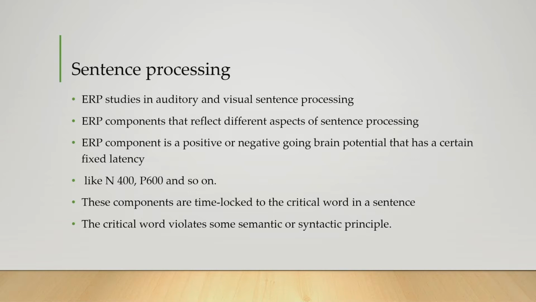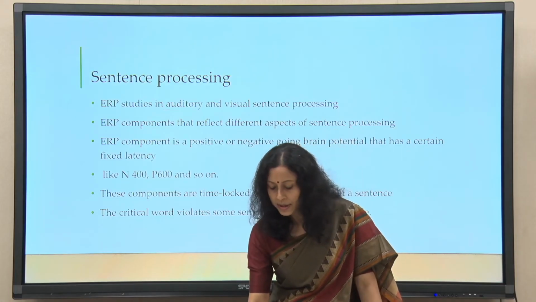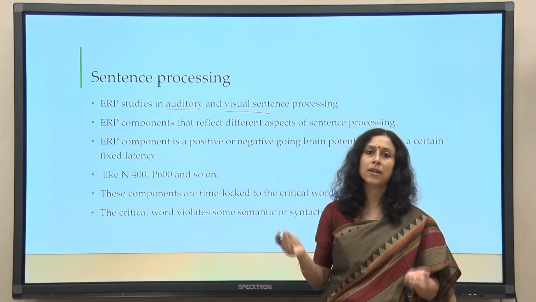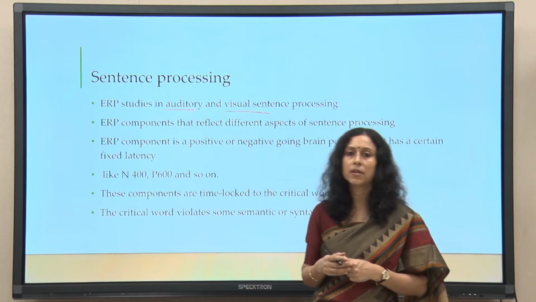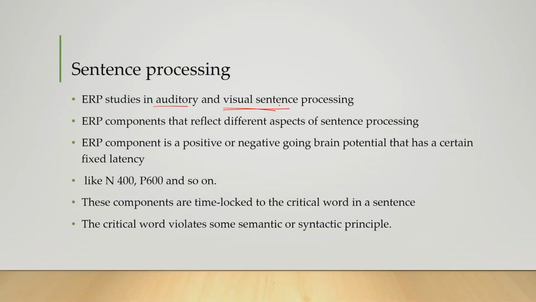So, in terms of sentence processing, ERP studies in auditory and visual sentence processing have been a very rich source of information about the knowledge in this domain. So, both in auditory and in visual sentence processing, as in when the subjects are given an auditory input in terms of listening to sentences, or they are given a visual sentence, like they will be reading, something that we have already seen in part 2.